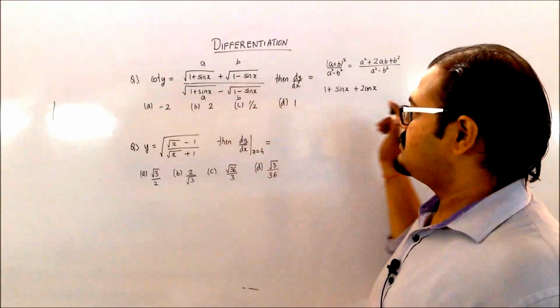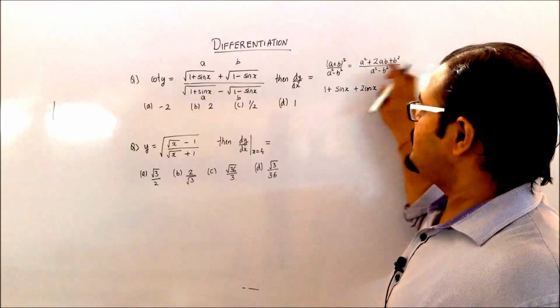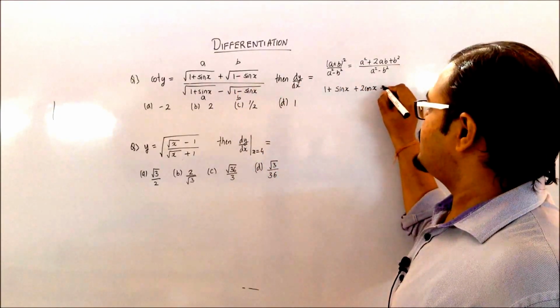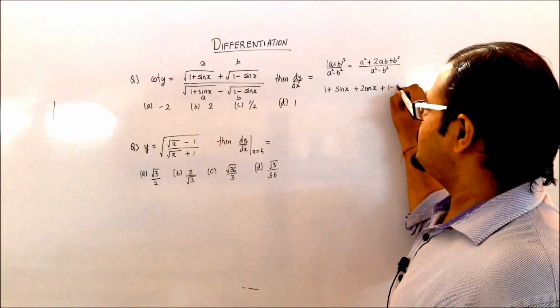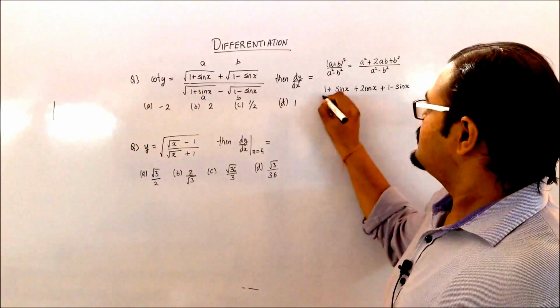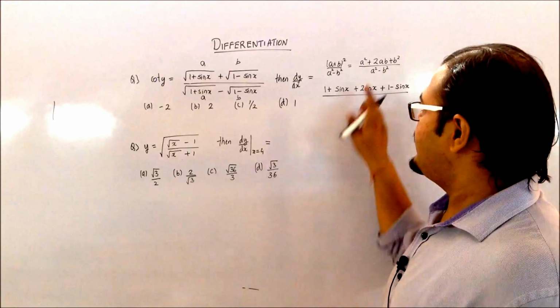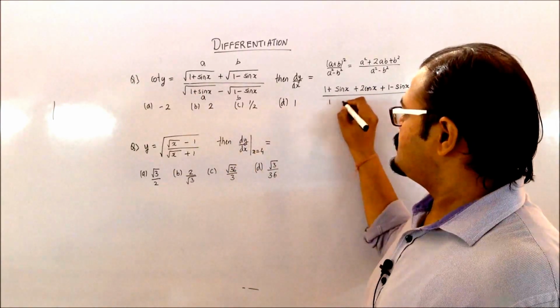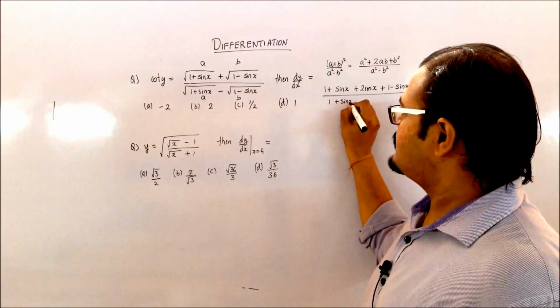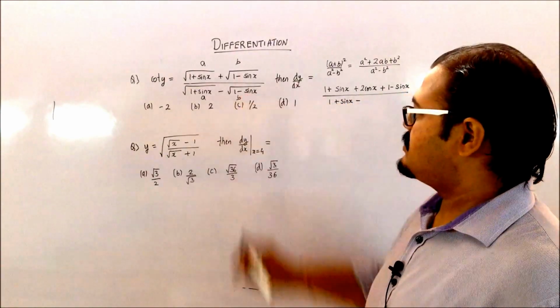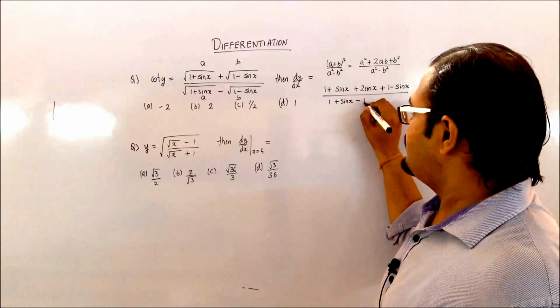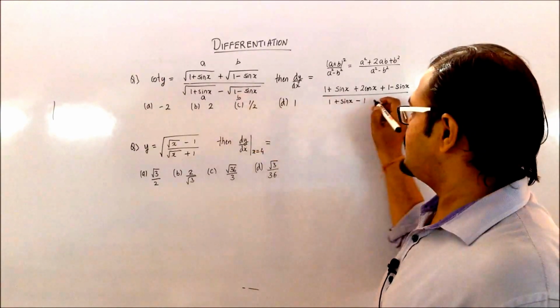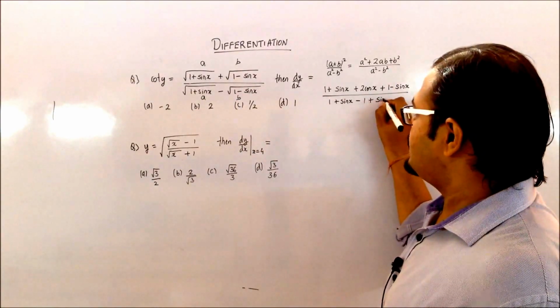The next term is the square of B, which is going to be plus 1 minus sin x. This thing is divided by A square minus B square, so A square is this, 1 plus sin x, minus the square of this, so it will be minus 1, this becomes plus sin x.